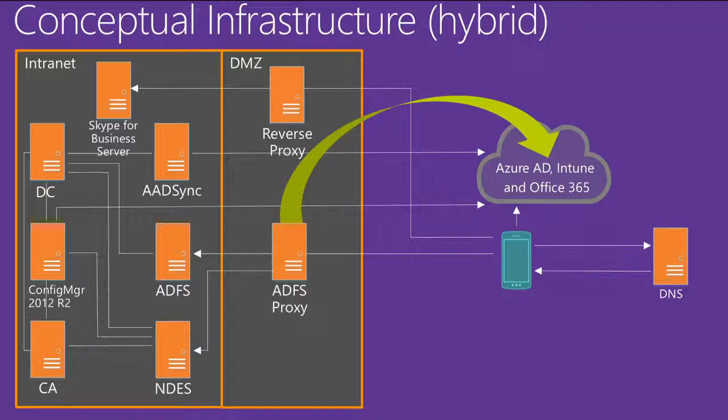So let me finish this section because I think the questions are moving a little bit off the section. I don't even remember whether I went through this or not, but this is probably very well known to people who understand the topology. You have a network device enrollment server here with its certificate server. You have Configuration Manager here, which is going to be used to manage in particular your domain-joined devices, in partnership with Azure.